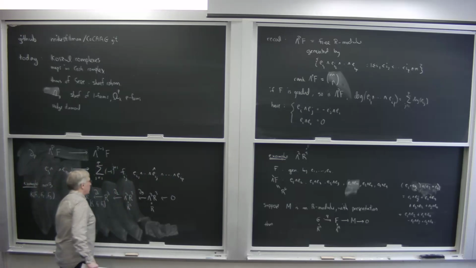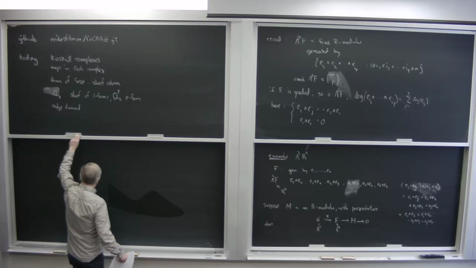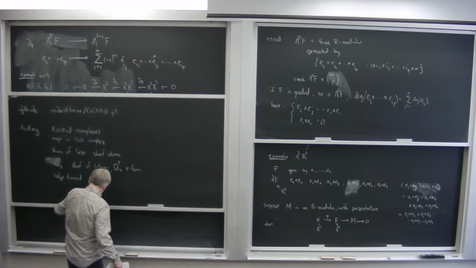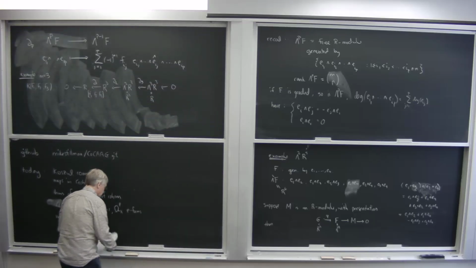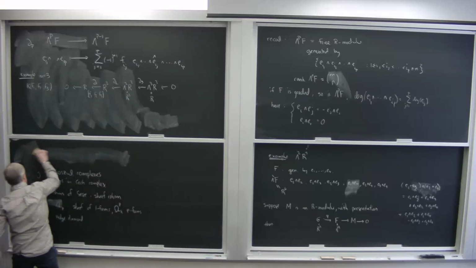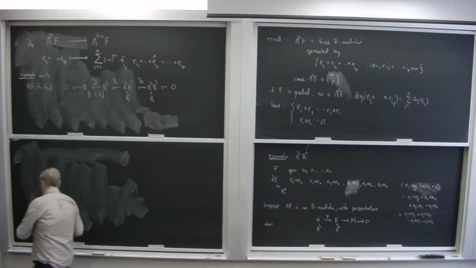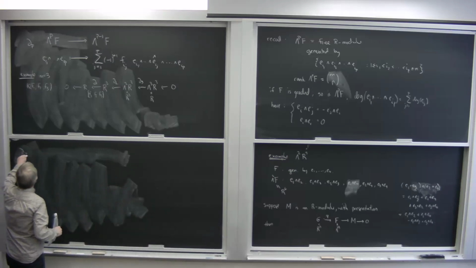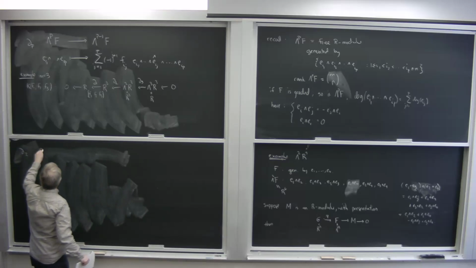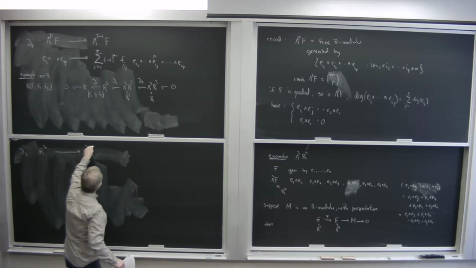So what is del 2? Del 2 is going to be from R^3 to wedge 2 of R^3, which is R^3.